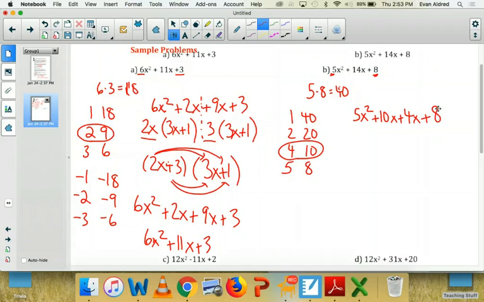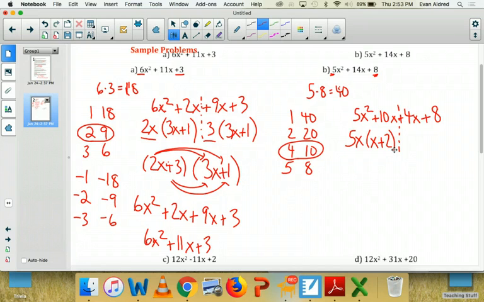So the expression remains the same in terms of the beginning, the 5x squared, and the constant, the 8. It's the middle that we change. Then we draw our dotted line, and we factor. The GCF of 5x squared and 10x, that will be 5x. 5x squared divided by 5x is x. 10x divided by 5x is 2. So that means when we factor the right-hand side, we should get x plus 2 as one of our factors.